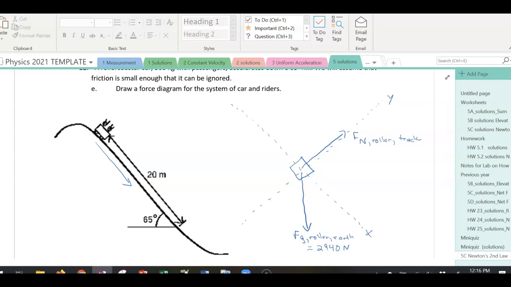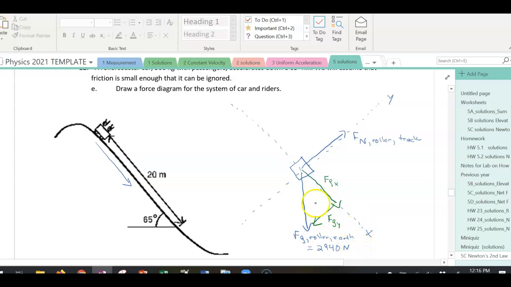And I think these are the only forces, but I need to draw the components of the force of gravity so that I can show the x component that's parallel to the x-axis and the y component that's parallel to the y-axis.